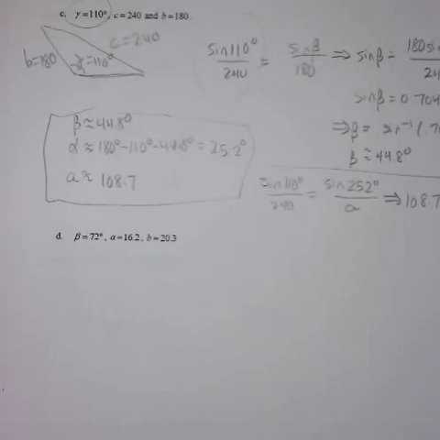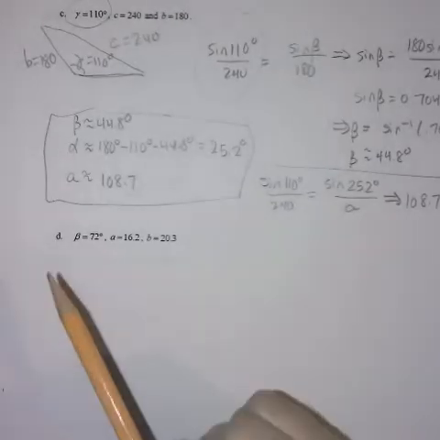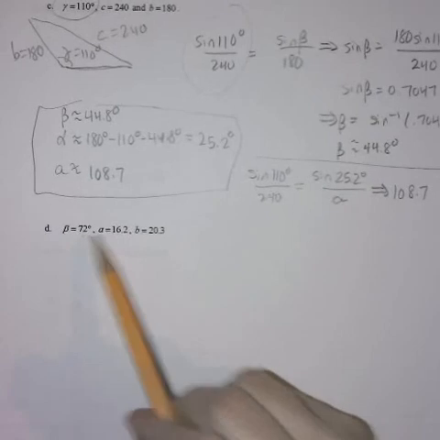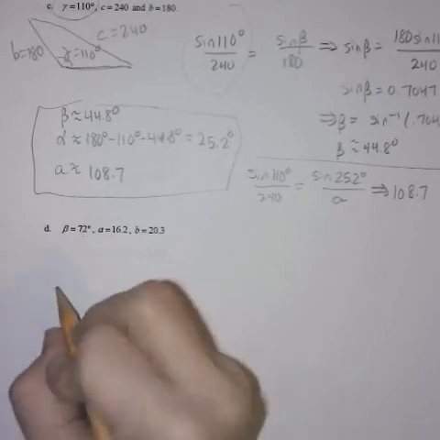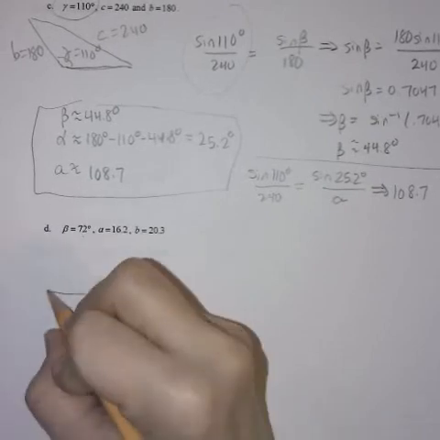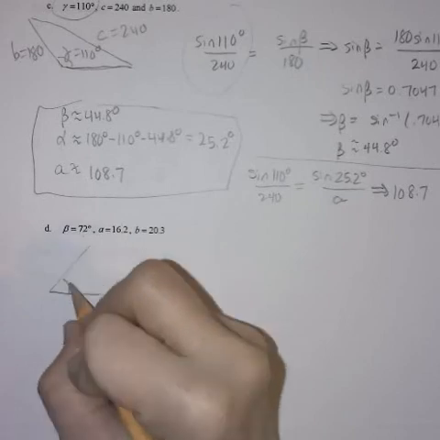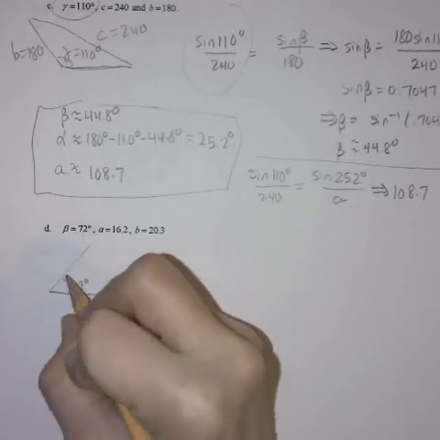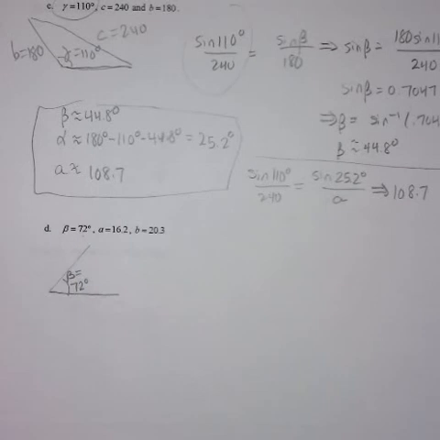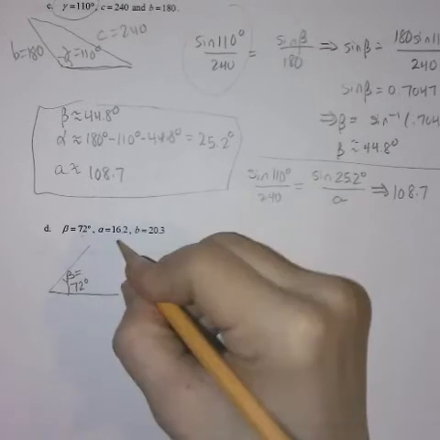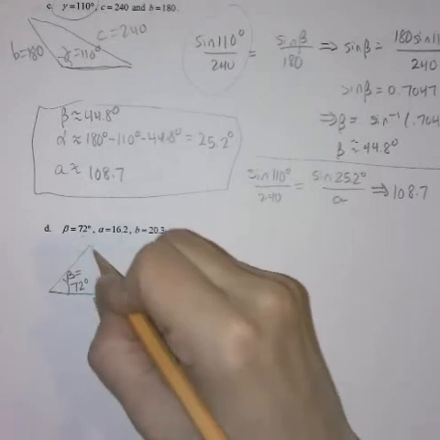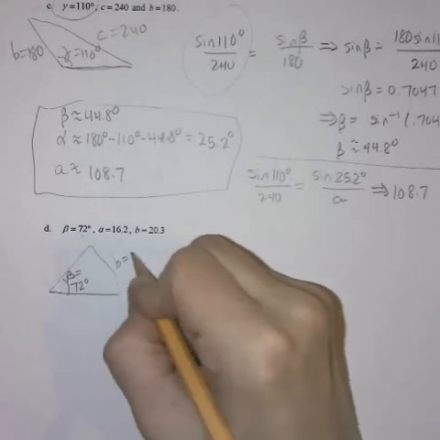All right, let's look at D. So in D, we have beta is acute again. So especially when that happens, make sure you draw the triangle in a way that you can figure out if you have the ambiguous case or not. A is 16.2 and B is across, so this is my side across.